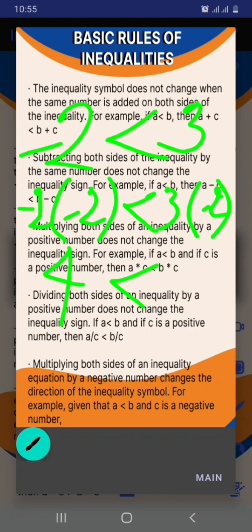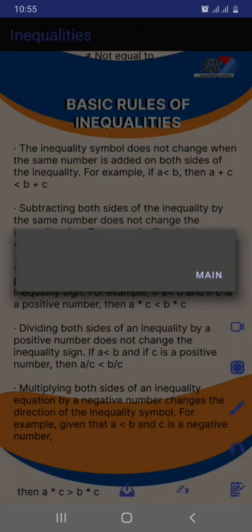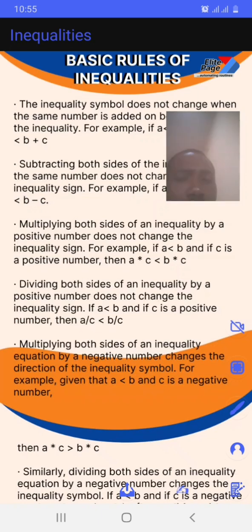That is, plus times minus gives us minus. 3 times 2 gives us 6. There is going to be a reversing symbol with respect to this instance. That is to say, minus 6 is definitely less than 4. To write this, you're going to have 4 greater than minus 6.